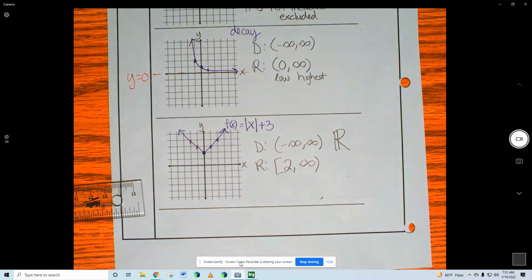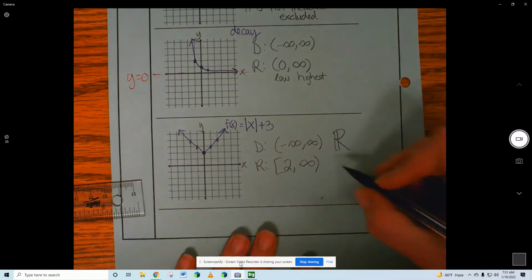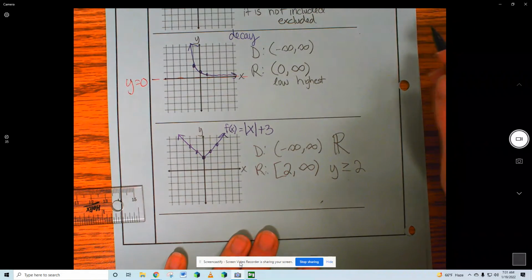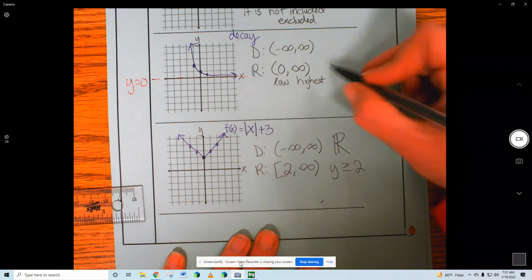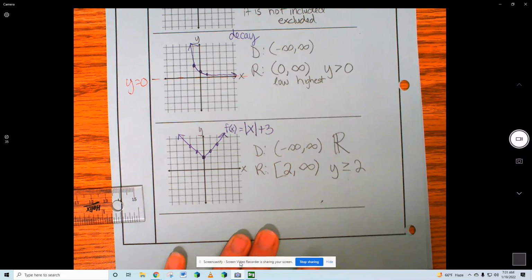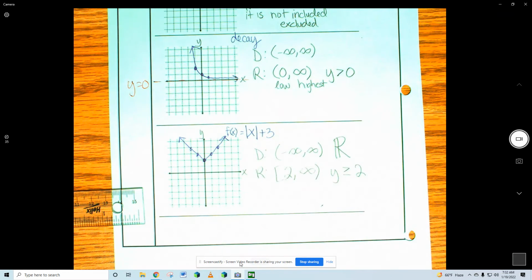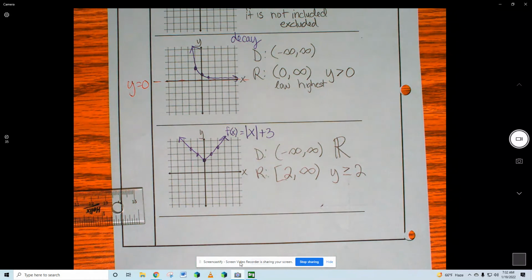Okay? 2, positive infinity. Some people, by the way, you can say y is greater than or equal to 2. That would be a way to write the range. This one, y is greater than 0. That'd be another way to write the range. Okay, let me get this to you really quick because I want to do some of it on the video.